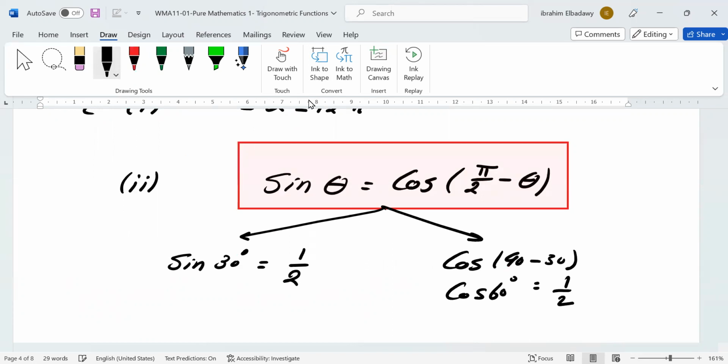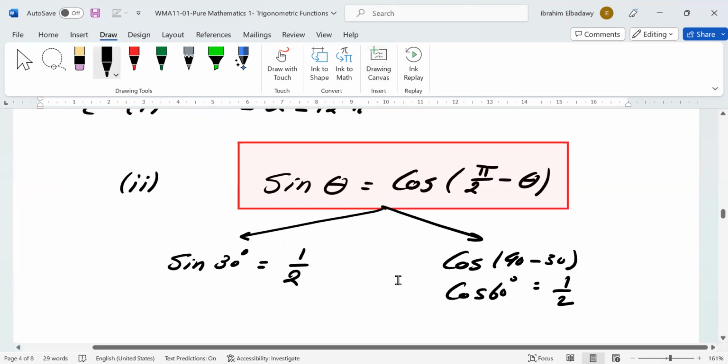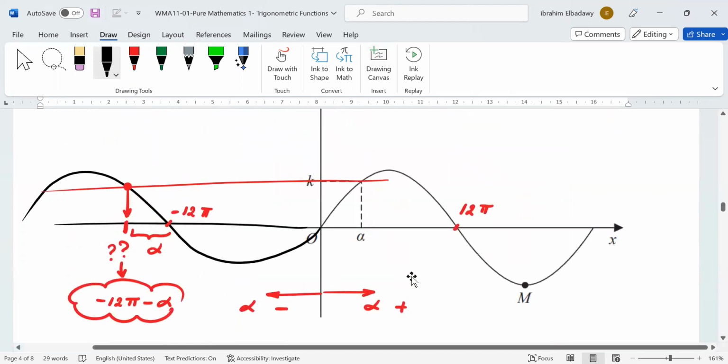But this means sine theta equals cosine of pi over 2 minus theta. I wrote pi over 2 because all of this example is related to radians, not degrees. I just gave you a very quick example in degrees to understand the relation between sine and cosine. If you return to the diagram here, this diagram is sine. So if it is cosine, how can I get the answer?